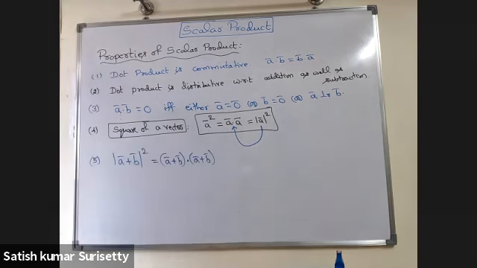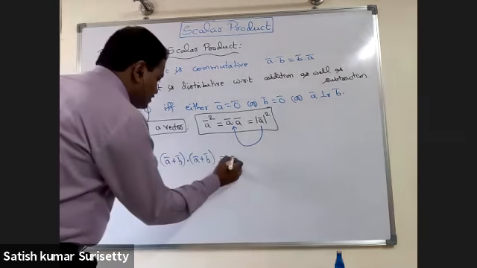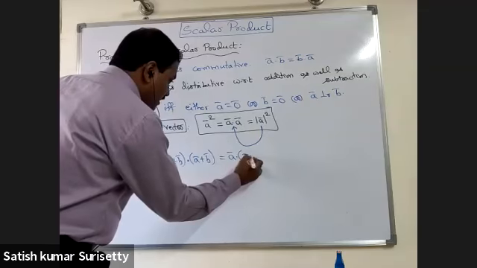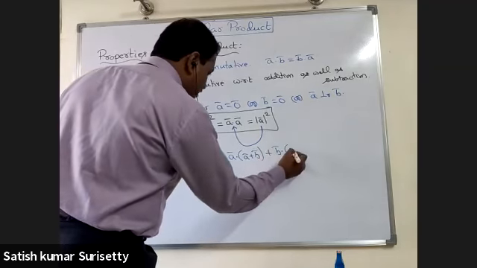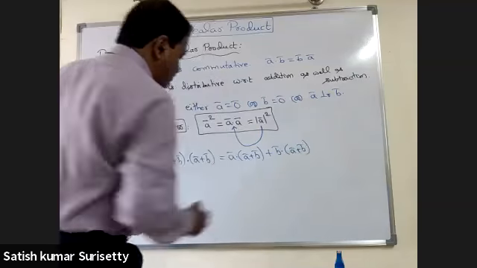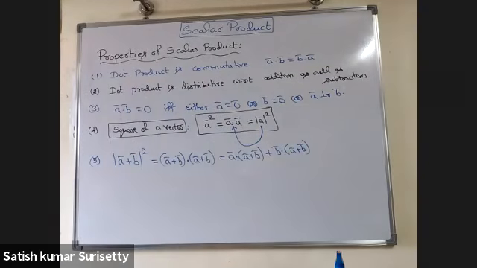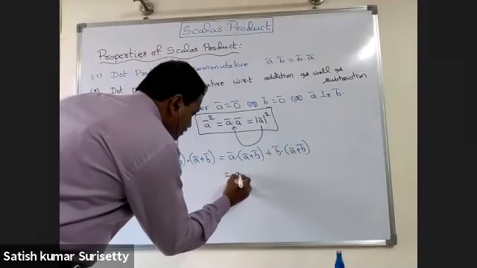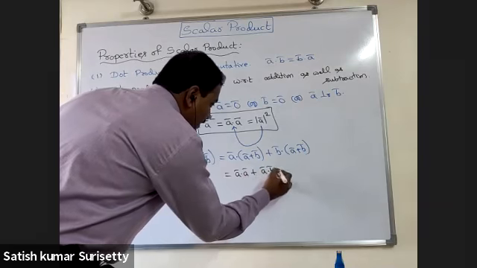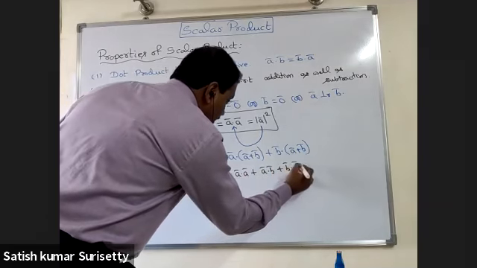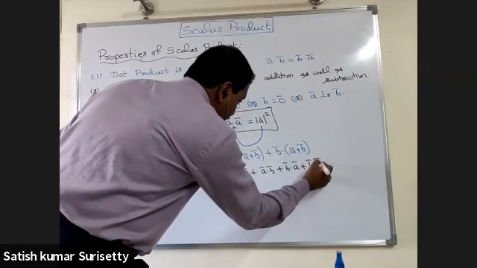Now apply the distributive property: A bar dot A bar plus B bar, plus B bar dot A bar plus B bar. This is again the same as A bar dot A bar plus A bar dot B bar plus B bar dot A bar plus B bar dot B bar.